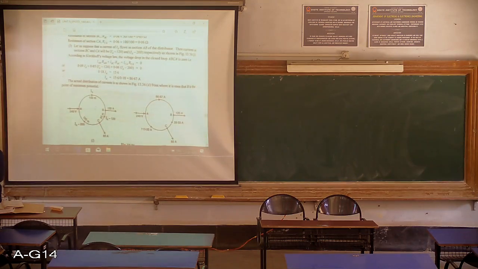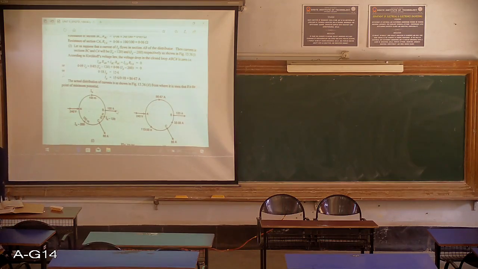So here they are saying this is the feeder. So 240 volts it is being fed at A, and at a distance of 150 meters from A, I am having a tapping of 120 amperes.